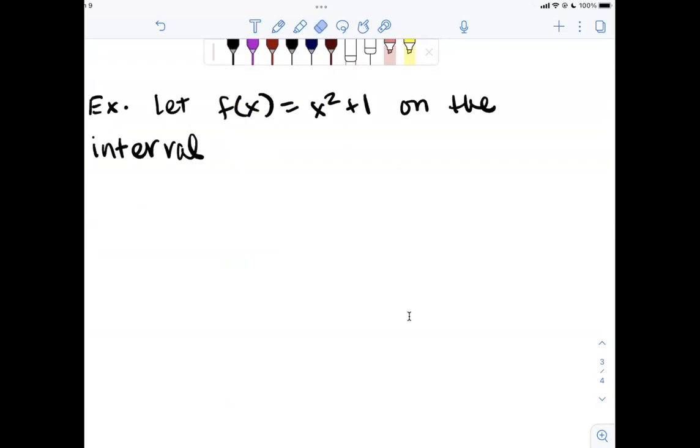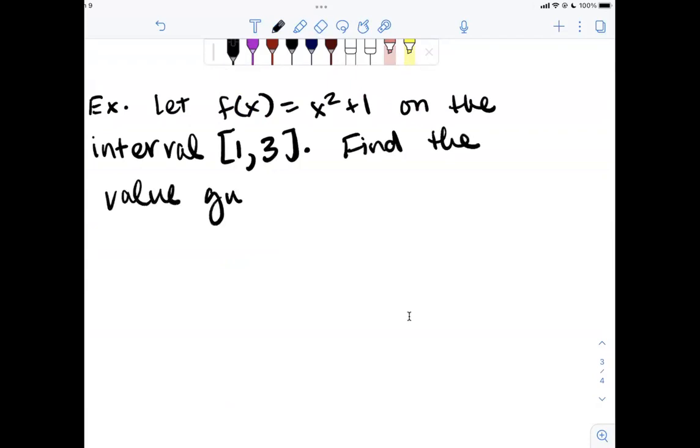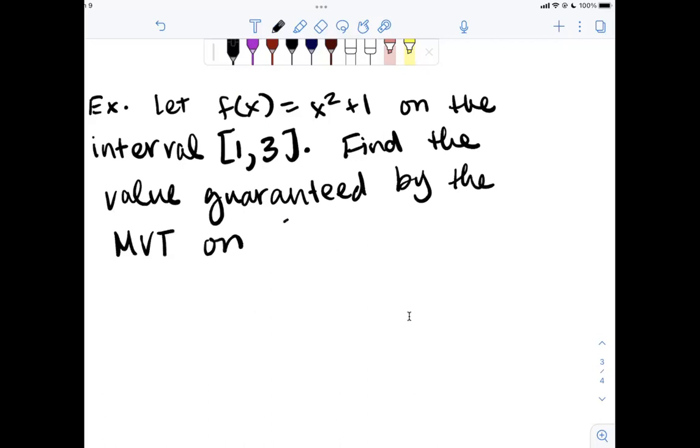So find the value guaranteed by the mean value theorem on 1 to 3. So there might be more than one value. If there is, you just have to find one. So I'll pause for a minute so you can try to solve it, and then I'll give the answer.